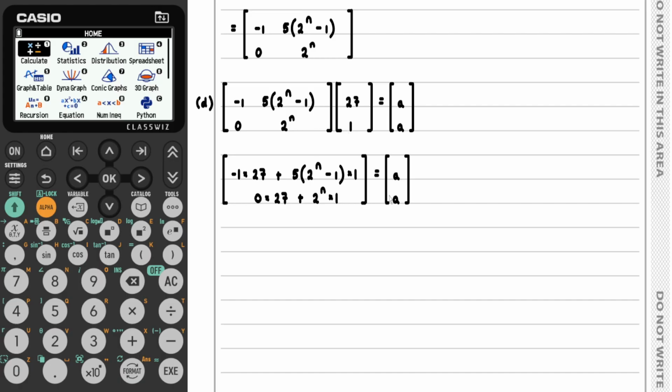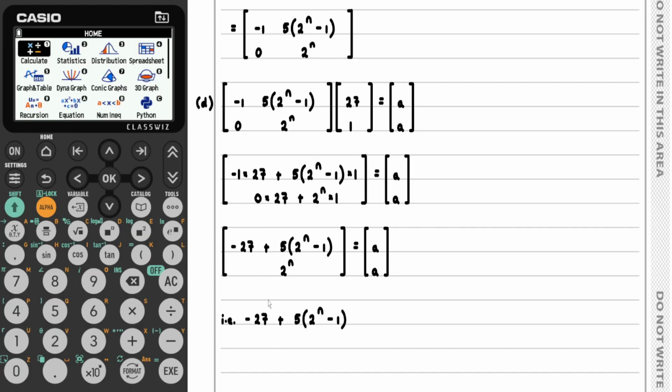And this is equal to A, A. So we've got negative 27 plus 5 times 2 to the n subtract 1, and 2 to the n, which is equal to A, A. Now because the x and y are equal, that means we would have negative 27 plus 5 times 2 to the n subtract 1 equaling 2 to the n.